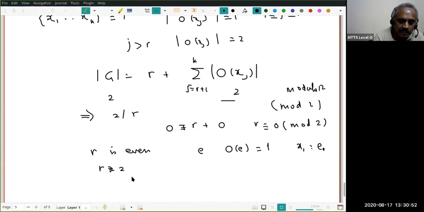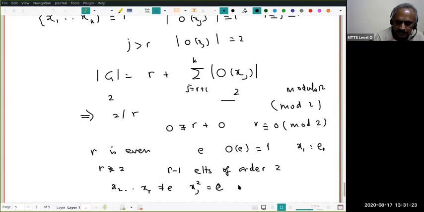Therefore, I have shown that there exist at least r minus 1 elements of order 2, because each of x2 to xr must have order 2. Do you understand that? Yes, because none of them is the identity, but all of them satisfy x squared equal to identity, for 2 ≤ j ≤ r.